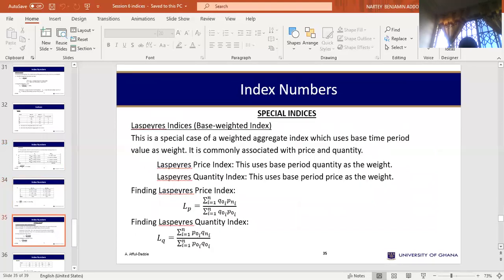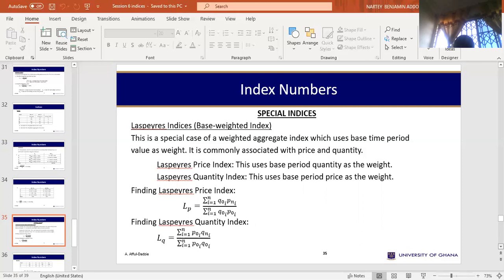Okay, so now we look at Laspeyres and then Paasche. The Laspeyres method is a special case of a weighted aggregate index which uses the base time period as weight.